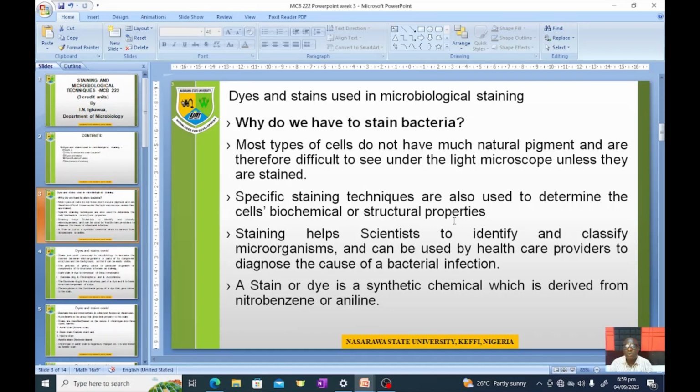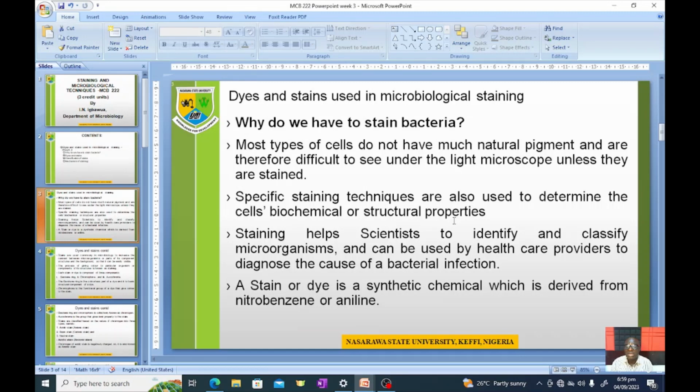Another reason why we stain is that there are specific staining techniques which are used to determine the cell's biochemical or structural properties. In other words, there are some structural or biochemical details that you will not be able to see unless you apply certain specific staining techniques.